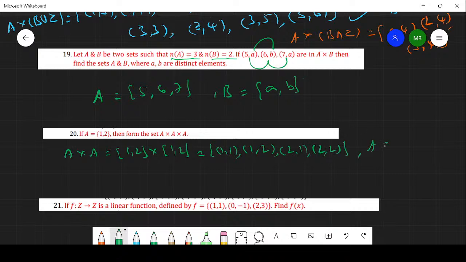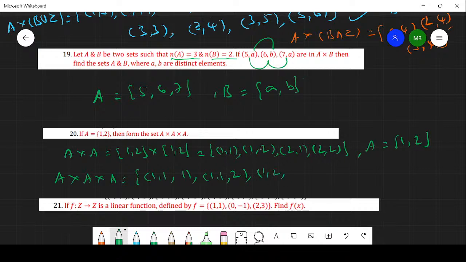Again you write A is equal to the set {1, 2}. I have written it here for you to understand this. Now you write the triplet, A cross A cross A. You take the first ordered pair (1, 1) along with 1, again (1, 1) with 2.